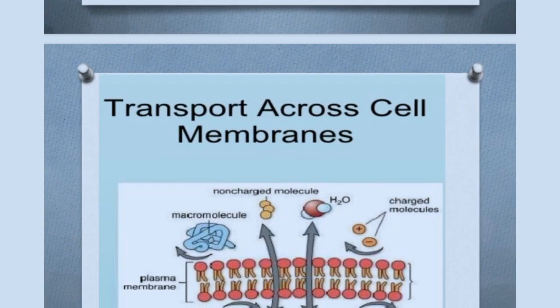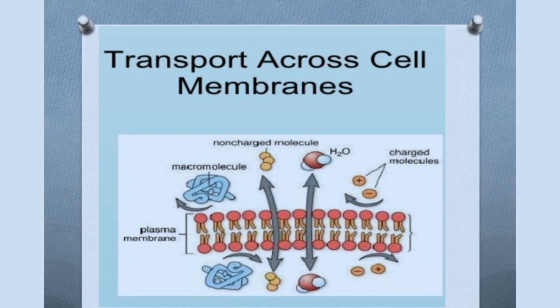Now let us discuss the transport of substances across the cell membrane. Now you know that the plasma membrane is selectively permeable. We have also studied diffusion in chemistry. What is diffusion? The term diffusion has its origin in the Latin word diffundere, which means to spread out.